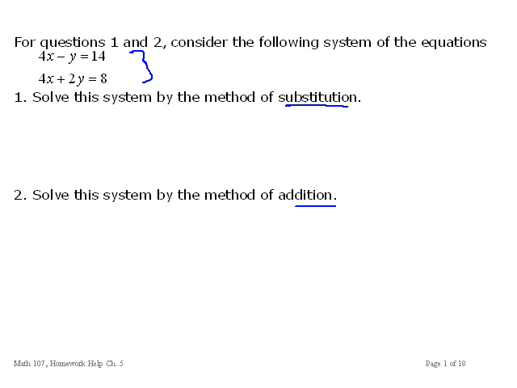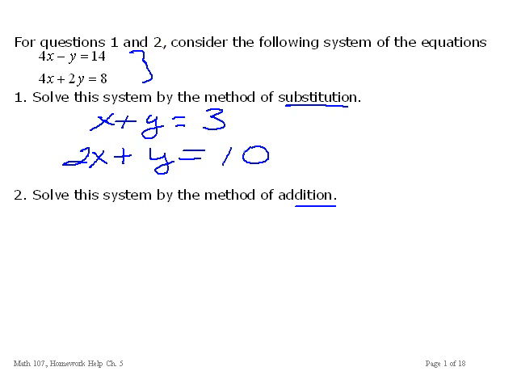If you want to use the method of substitution, let's say we have a different system. I don't want to do this one exactly. So this is x plus y equals 3, and you have 2x plus y equals 10. Then for substitution, you isolate one variable. We could say y equals 3 minus x.